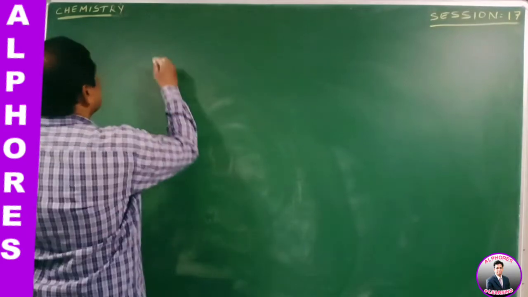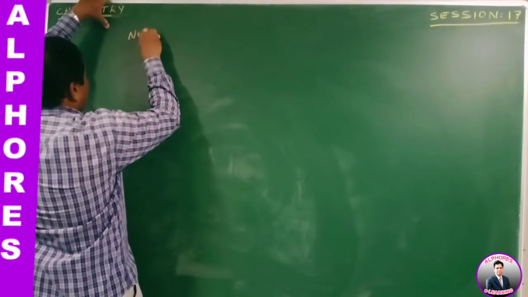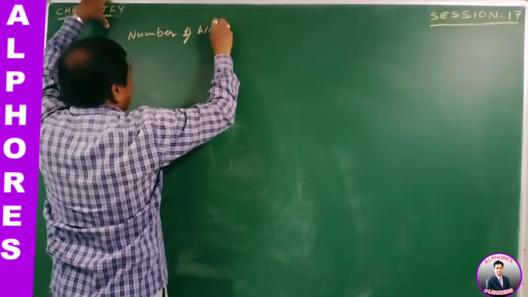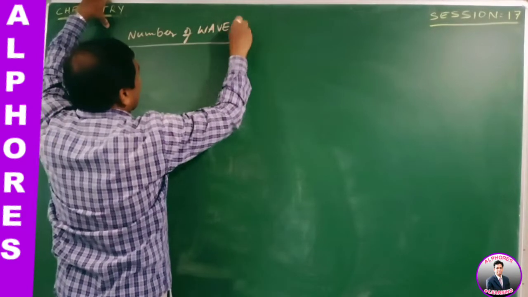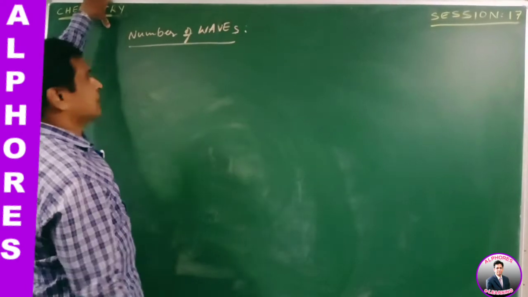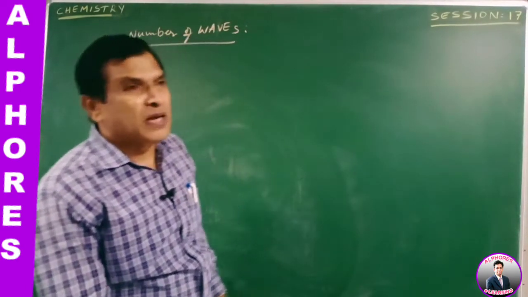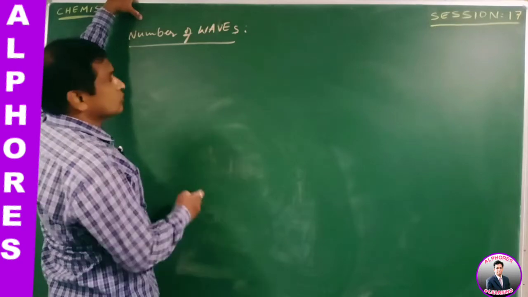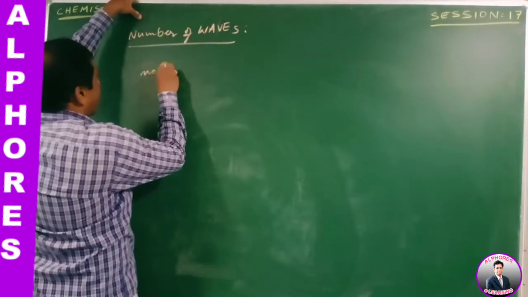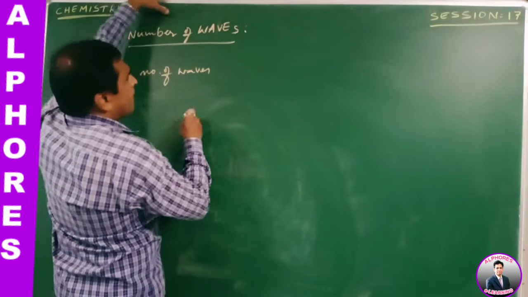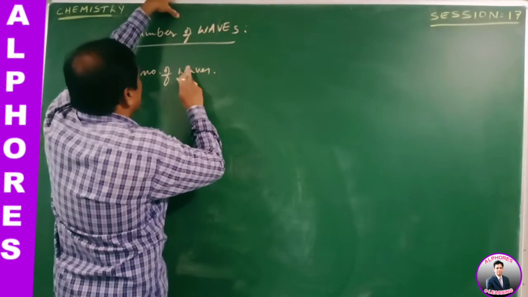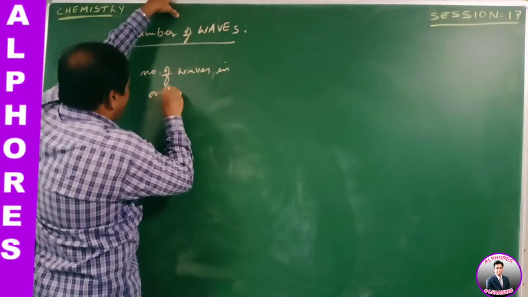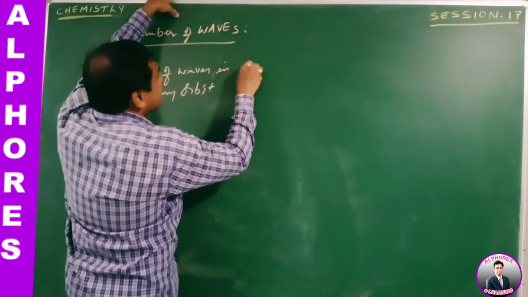Now coming to the number of waves made by the electron, that we have already done. The number of waves in any orbit is equal to n.